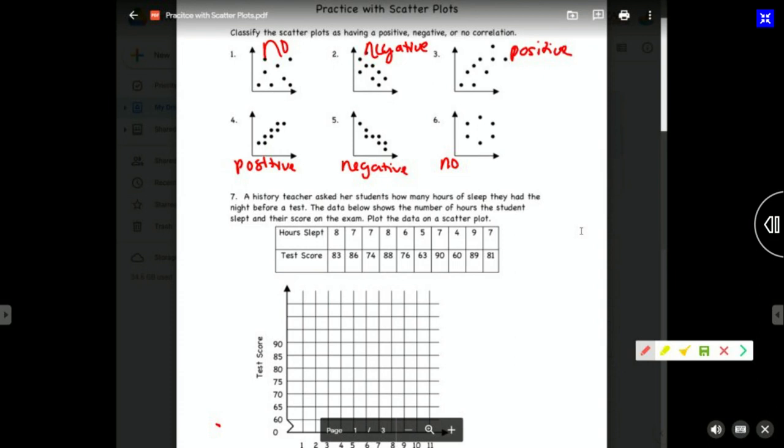I know that it's not positive or negative, but it does have a curve and it does have a pattern. So we're going to say this is the non-linear one, okay? That section right there is probably 20 points on tomorrow's test. You going to get those 20?